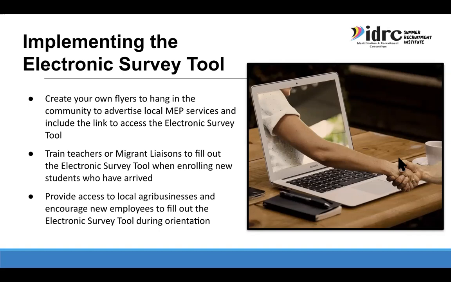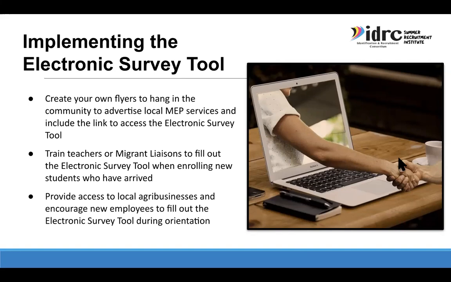You can train teachers or migrant liaisons so that they know how to fill out the electronic survey tool. Again, if you already have a current occupational survey or home language survey that students in your state are submitting, that's terrific. Continue using that.